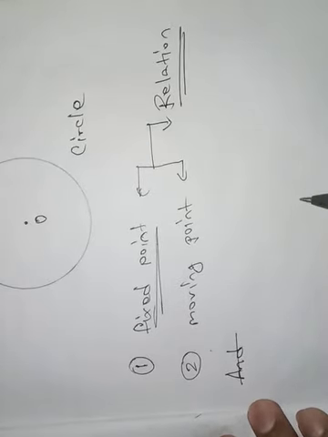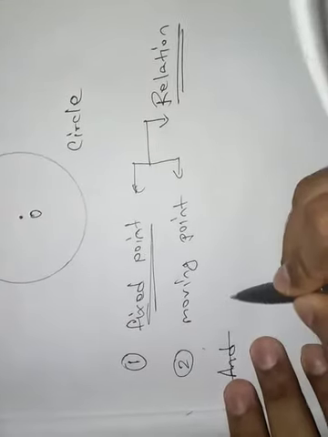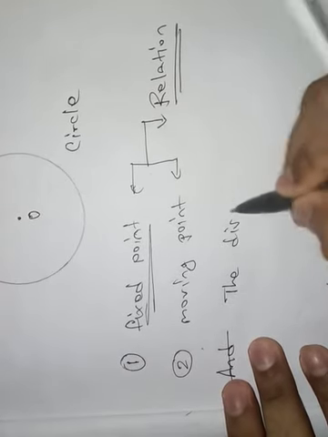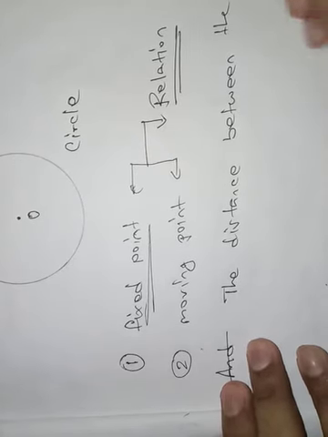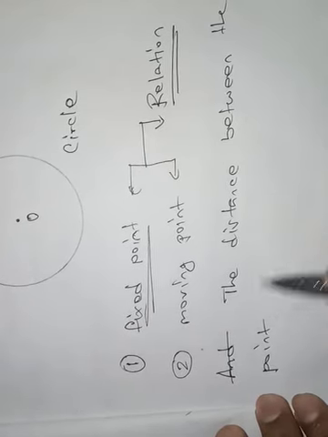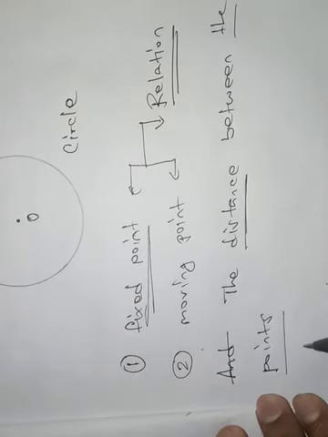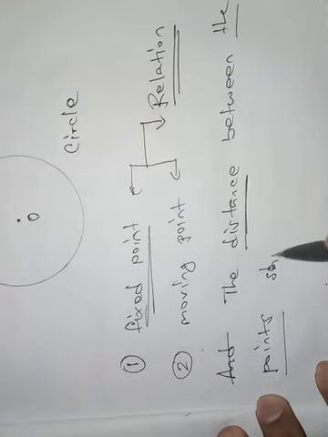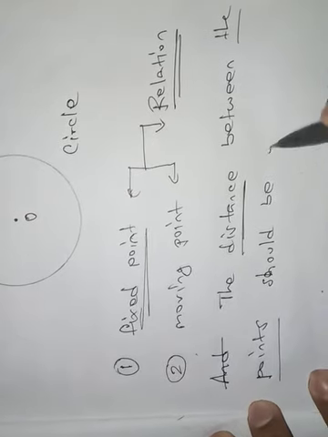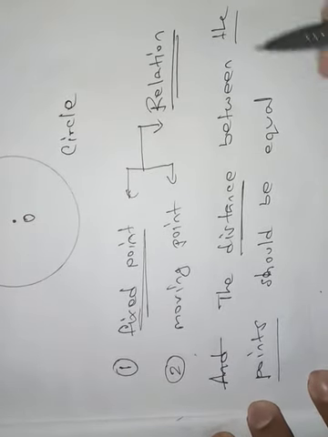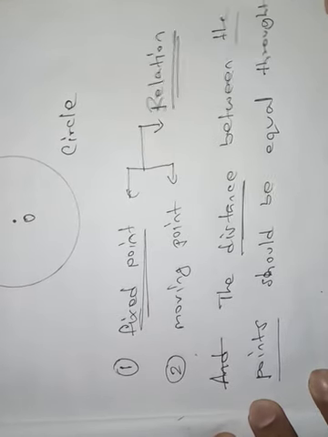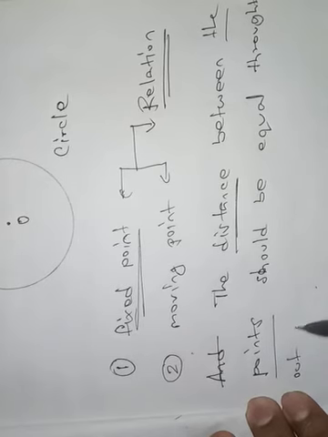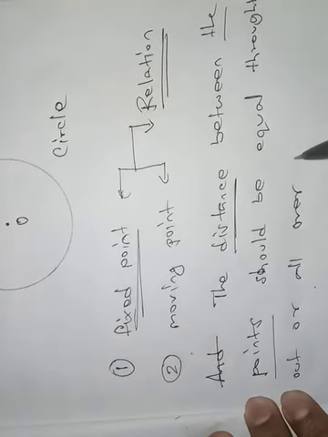The relation is the distance between the 2 points should be equal throughout, or all over the diagram.